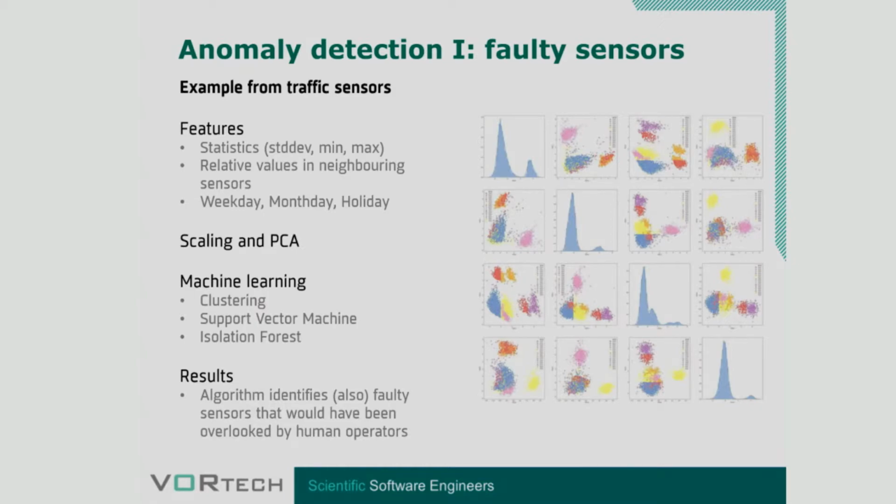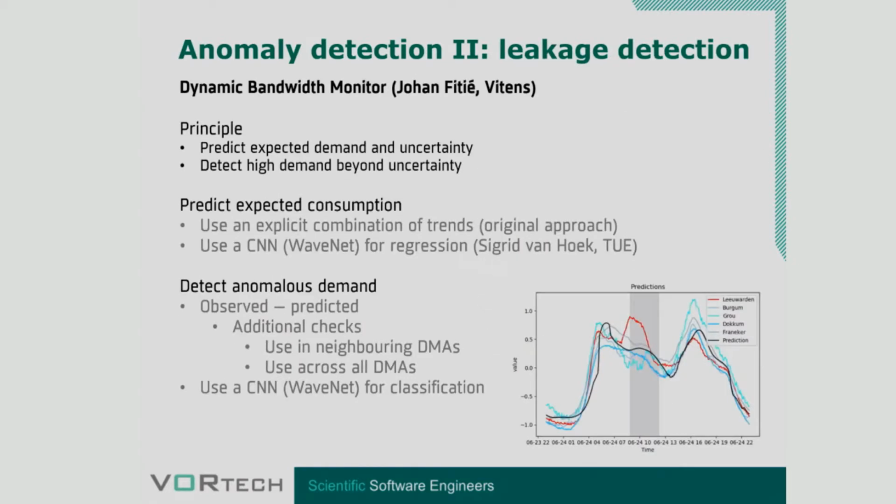The second example that I would like to give goes more into the water distribution field, and that is not originally work from Vortech. It's work by Johan Vitier from Vitens, who did a wonderful job, I think. So I'm explaining more or less his work and also the things that we added and did to build on that.